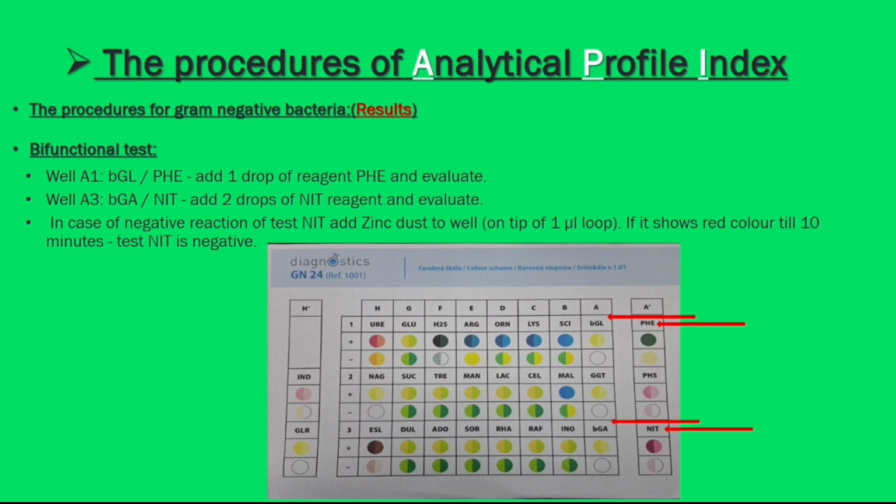Well A3, take the result of BGA and record in the scheme, then add 2 drops of NIT reagent and evaluate the color change, then take the result of NIT. In case of negative reaction of NIT, add zinc dust to the well on the tip of a 1 microliter loop. If it shows red color within 10 minutes, test NIT is negative.